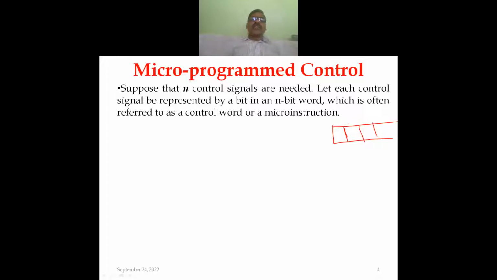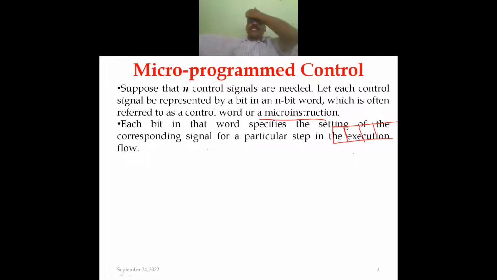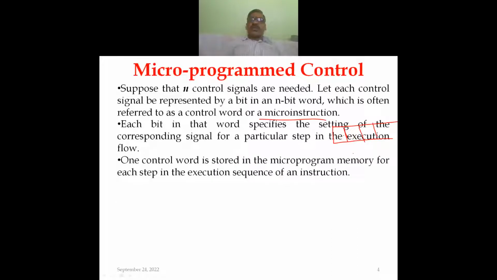We call this an n-bit control word, or a microinstruction. Each bit in that word specifies the setting of the corresponding signal for a particular step in the instruction execution flow. One control word is stored in the microprogram memory for each step in the execution of an instruction.